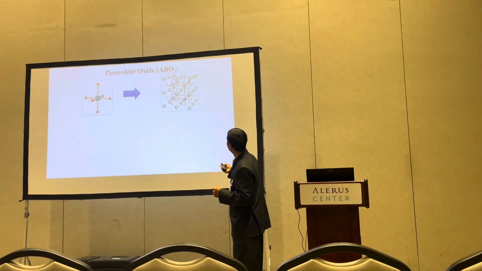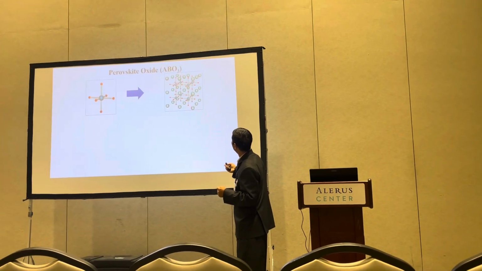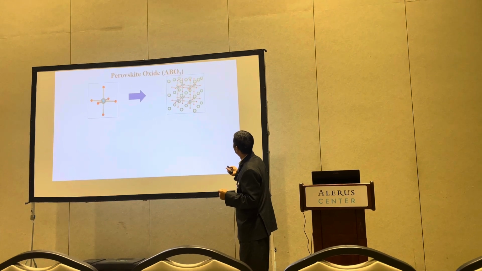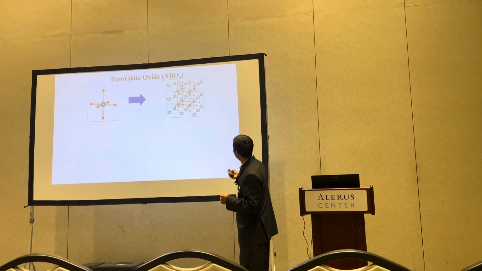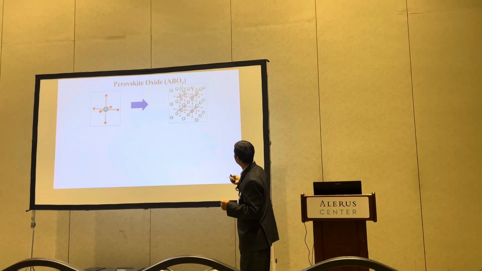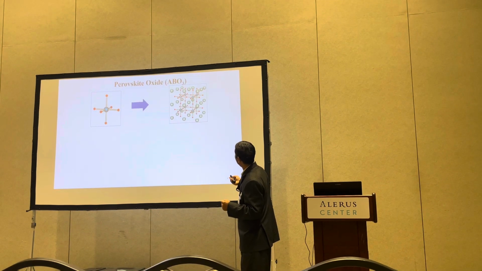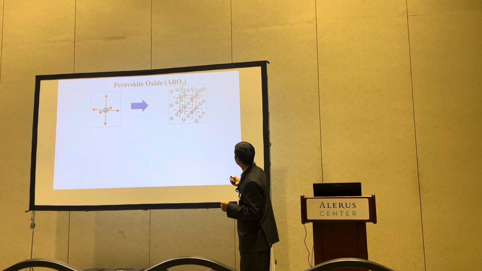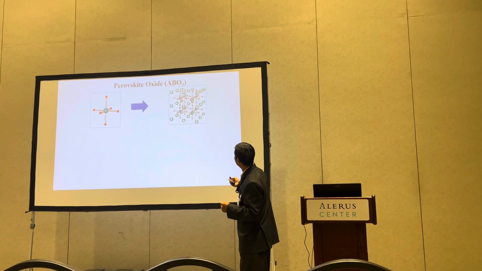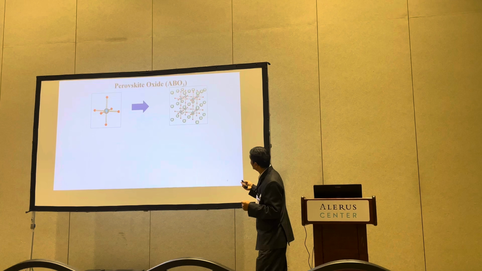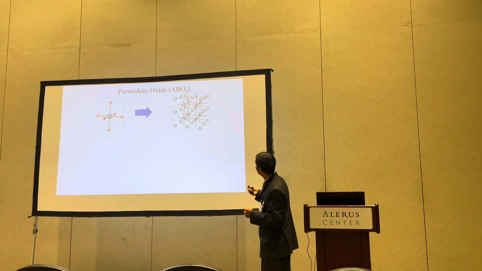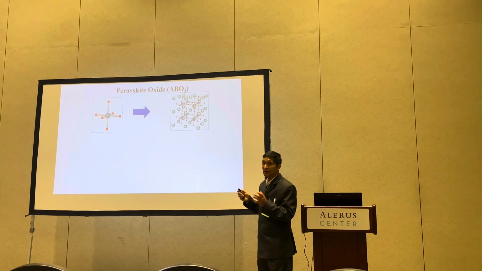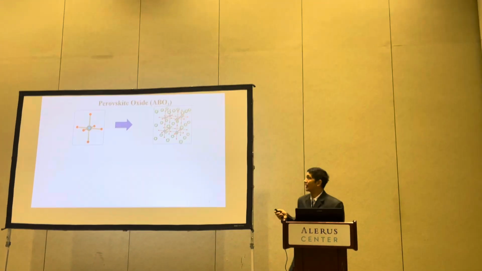And in this cube, you will see this blue ball. A red ball connects to another red ball through this blue ball. So oxygen connects to another oxygen through the B cation. Similarly, this B cation connects to another B cation through this oxygen. So it is interconnected like that.